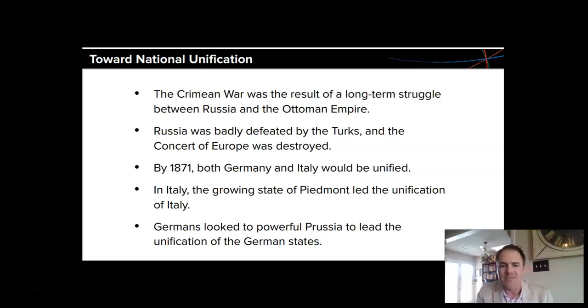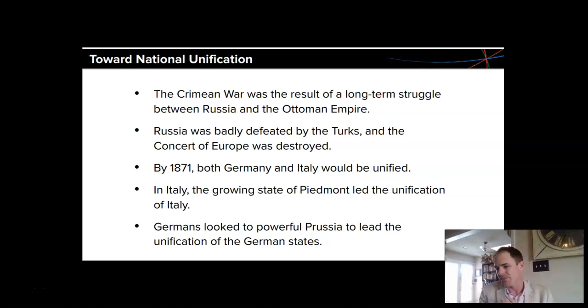Okay, there's a major war in the mid 19th century between Russia and the Ottoman Empire, mostly over Russia's desire to gain warm water ports through the Crimean Peninsula. It goes really badly for the Russians, and they're defeated, and the Concert of Europe was destroyed. Remember, this is the agreement among European powers after the defeat of Napoleon that they would all get along and work to preserve the existing order.